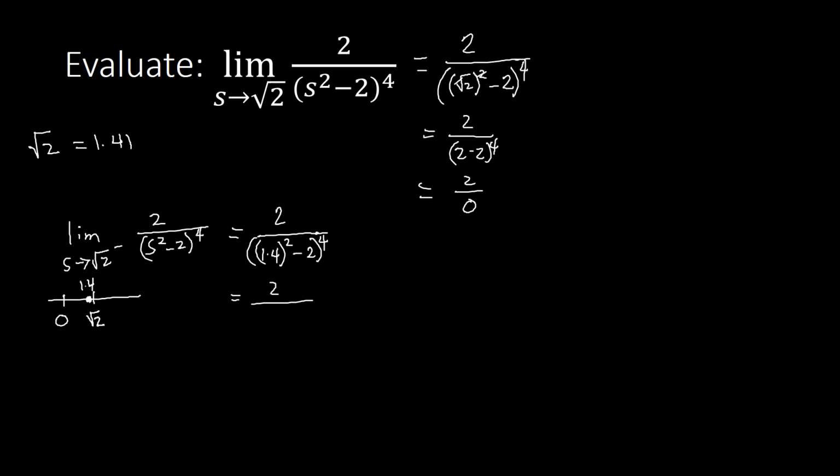squared. 1.4 squared, that will be 1.96. So we have 1.96 minus 2 raised to the power of 4.